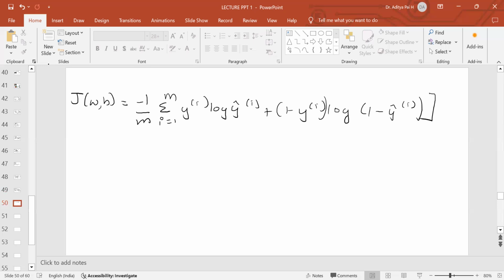That is the loss function applied to a single training example, and the cost function is the cost of parameters w and b for m training examples. So this is about the loss and cost function. If there is any doubt, please let me know. Okay, thank you.